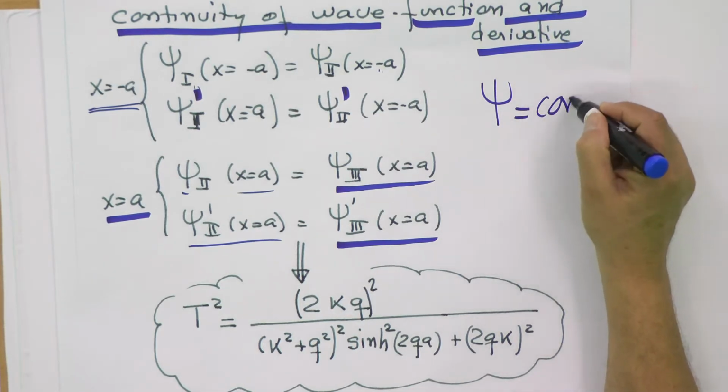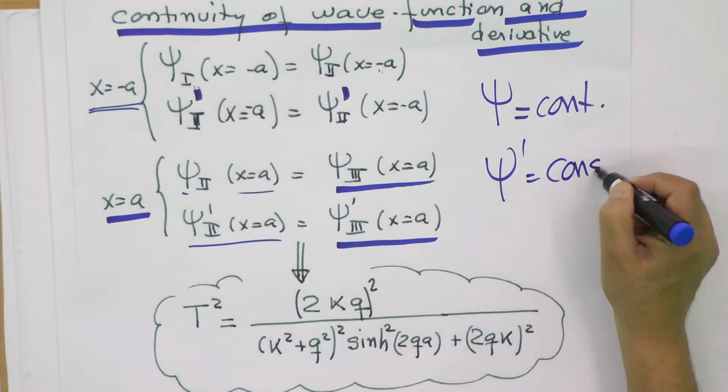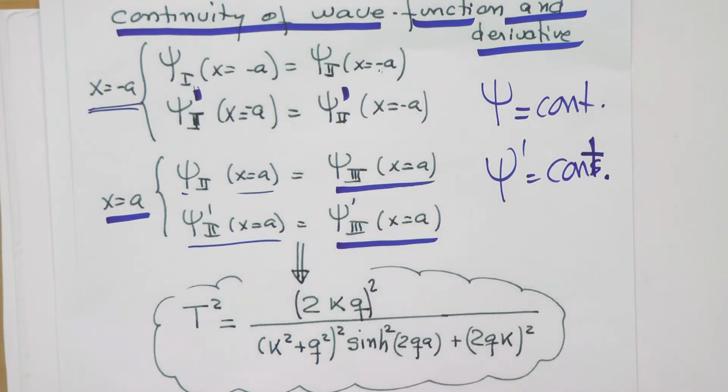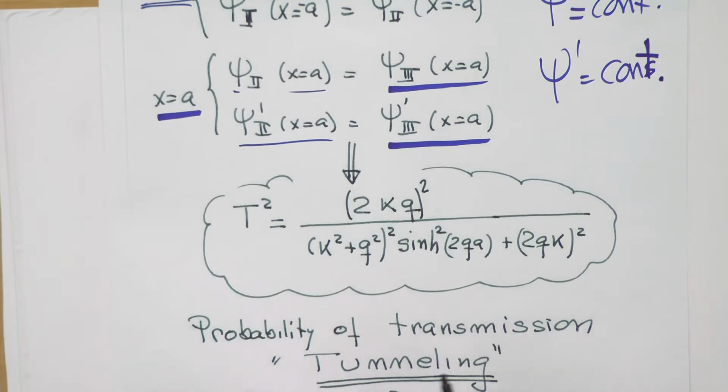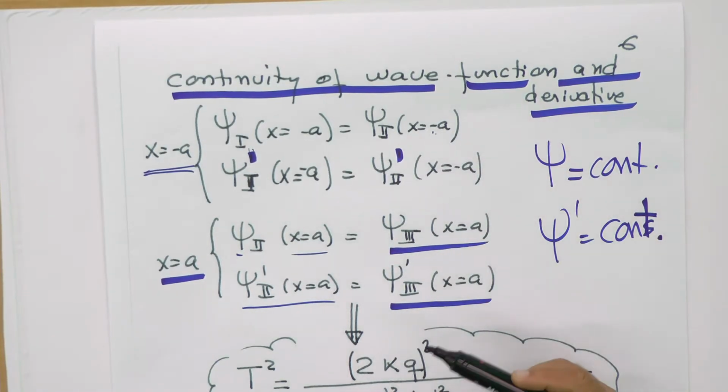So we actually made the wave function and the derivatives continuous. This must be continuous, and the derivative must be continuous everywhere in space, especially on the boundaries that determine the barrier. We have 1, 2, 3, 4 equations to deal with.